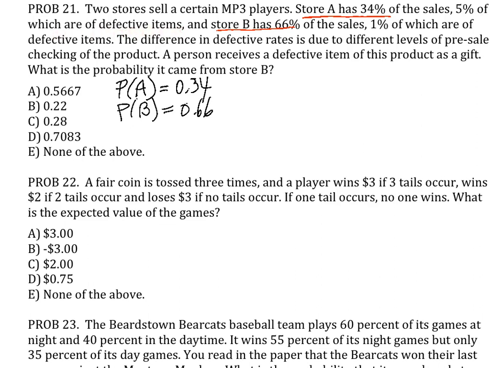So what you're being told is that, given that an item came from store A, the chance that it's defective is 5%. In the case of B, 1% are defective.